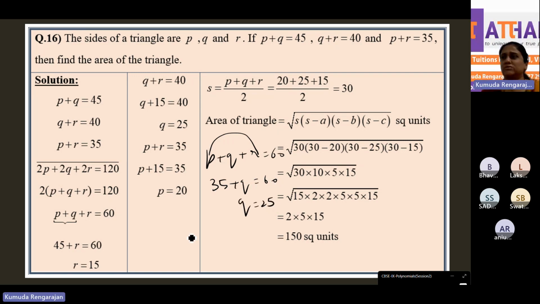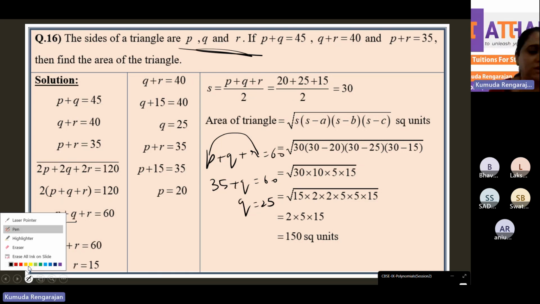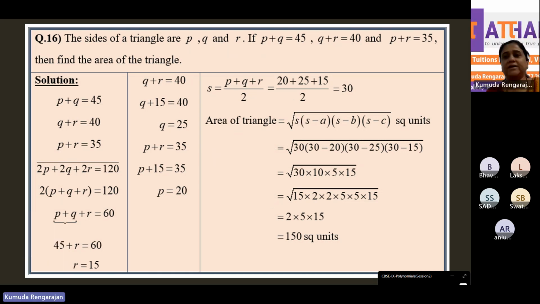Like this, you can find the values of P, Q, and R, and they are the sides of the triangle. So find the semi-perimeter and then the formula. Correct? Yeah, take it down quickly, all of you.